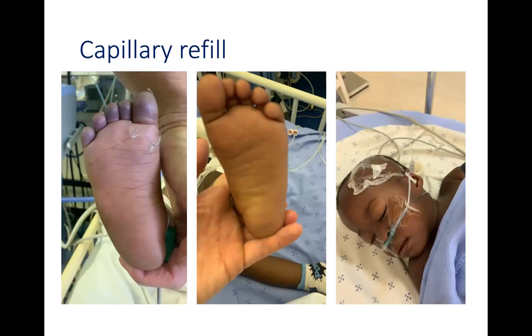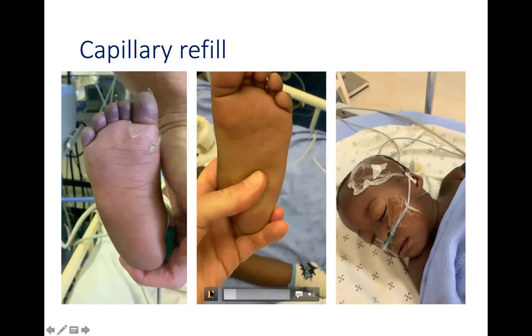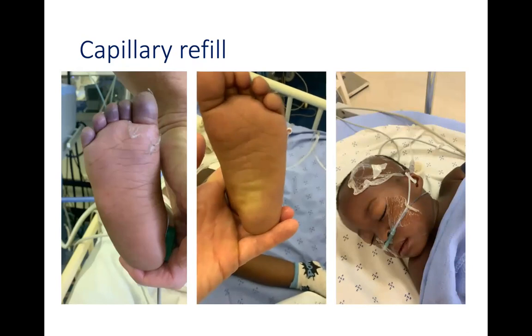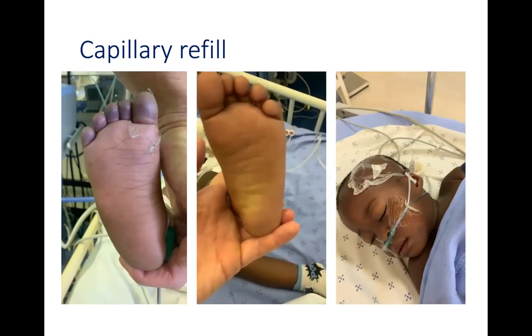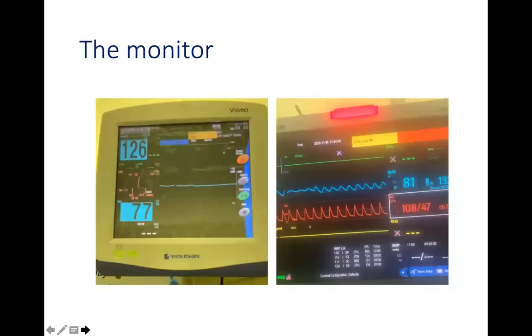The capillary refill is good, so we don't think that child is shocked, but we certainly think he's dehydrated, versus this child's 1, 2, 3, 4, 5, 6. That is a shocked child, and you need to act immediately. And even here, the blue toes, you don't even need to do capillary refill to know that you're in deep trouble there. So really, you need to do it on all these kids.